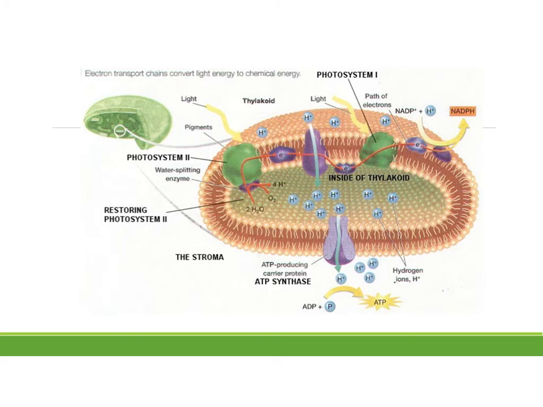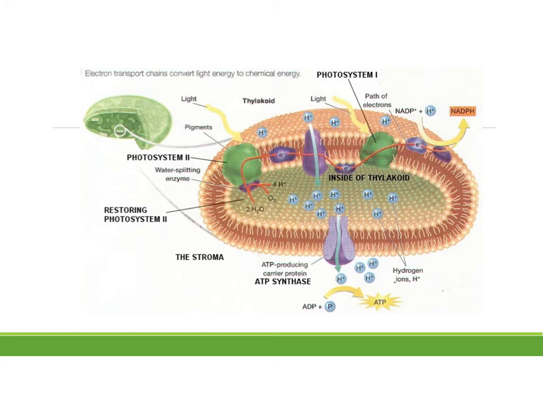We get to a protein called ferredoxin, and that is going to transfer the electron to an electron carrier called NADP+. And from there, that electron is going to allow the NADP+ to change to NADPH.